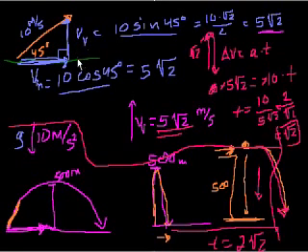Then I said it's going to decelerate with gravity, going from that 5 square roots of 2 meters per second to 0 while going up. So how long does it take to decelerate from 5 square roots of 2 to 0, given that I'm decelerating at 10 meters per second squared? It takes us 2 square roots of 2 seconds. I will continue this in the next video.